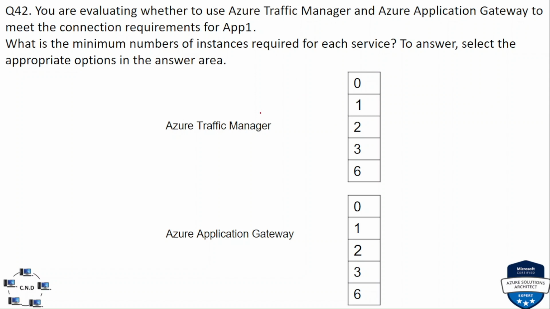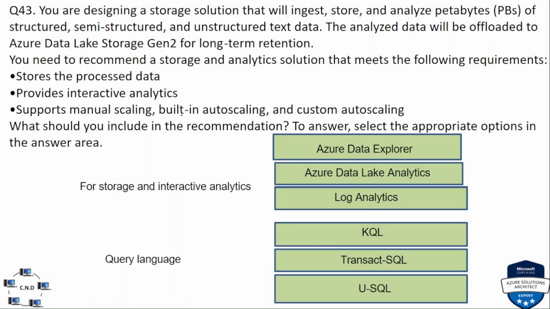So what are the minimum number of instances for Azure Traffic Manager and for Azure Application Gateway? The correct number of instances are, for Azure Traffic Manager it is 1, and for Azure Application Gateway it is 2. So 1 and 2, these are the minimum number of instances required.